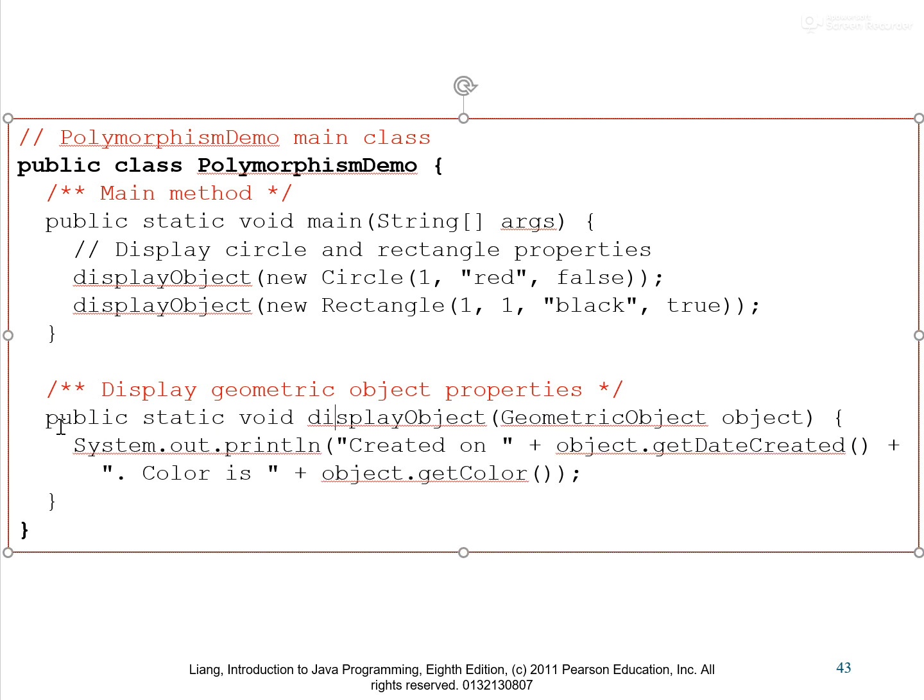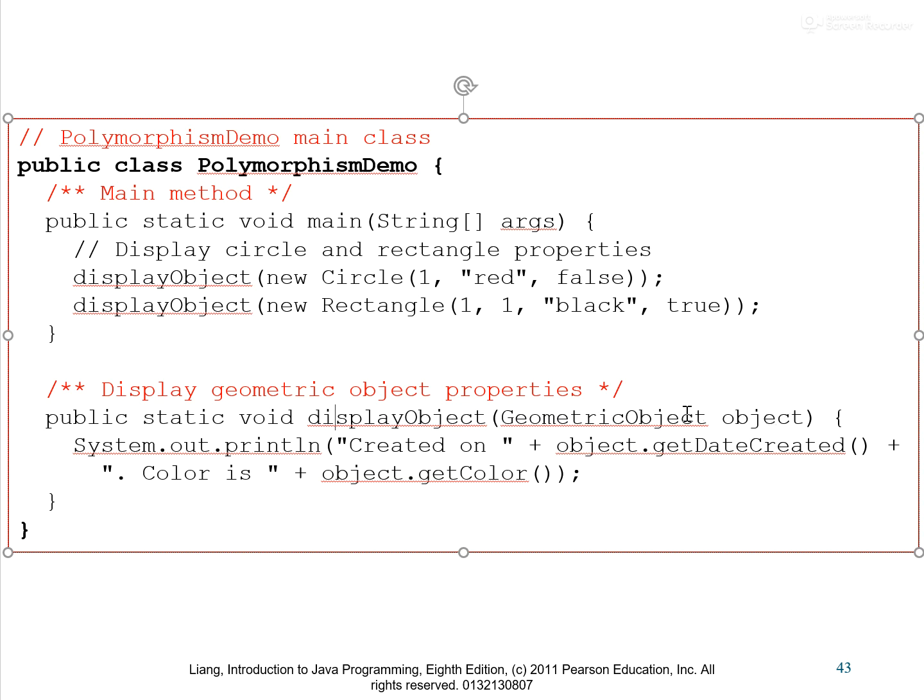I want to add a method called displayObject, and it should take any type of geometric object, rectangle, circle, triangle, anything else that you make a subclass of geometric object, and call its getDateCreated and getColor, and print out its creation date and its color.